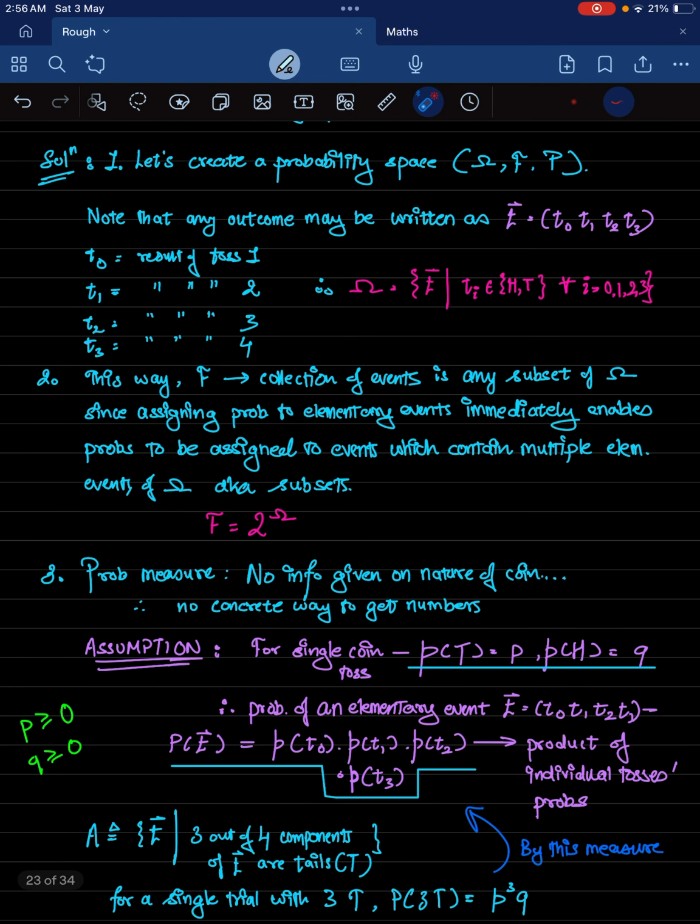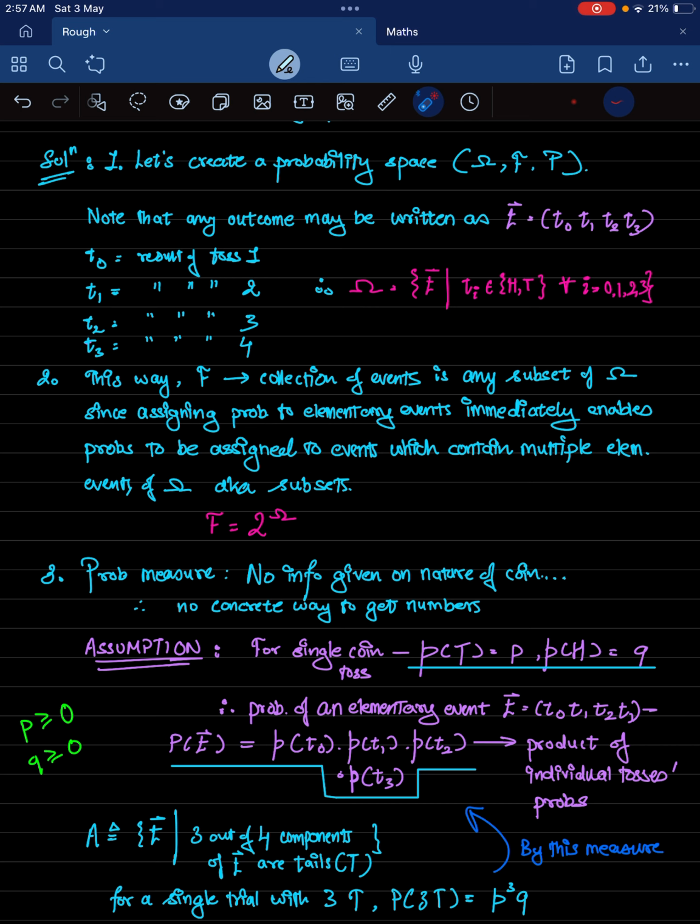And what we'll be doing is trying to assign a probability measure for each of these events, each of these elementary events. Next, if we have assigned a probability measure for such elementary events, we can at least find the probabilities of any subset of omega that way, right?